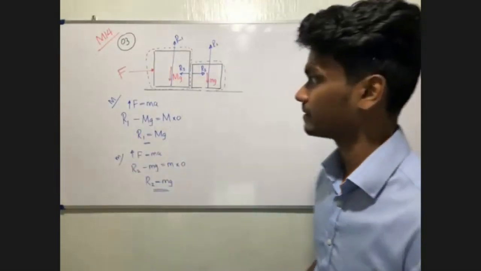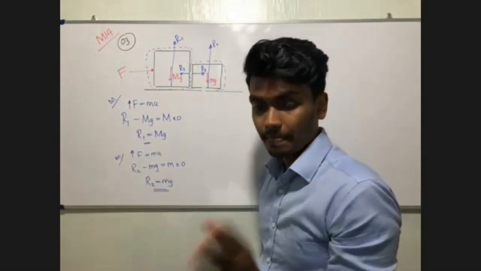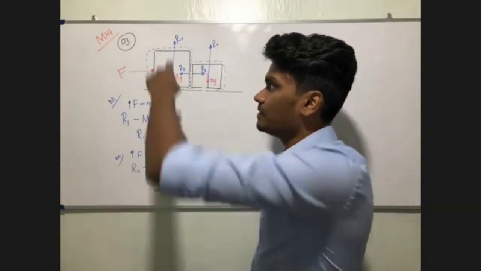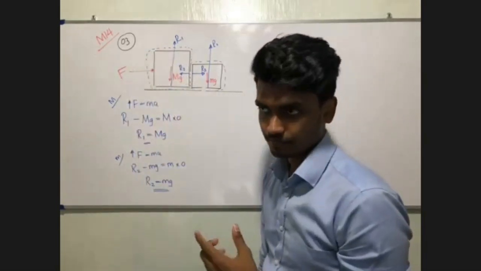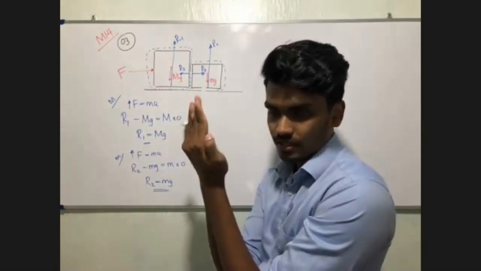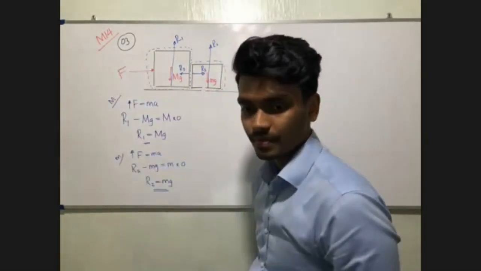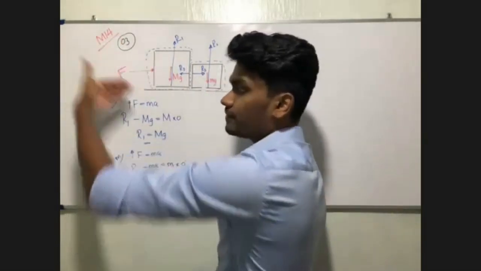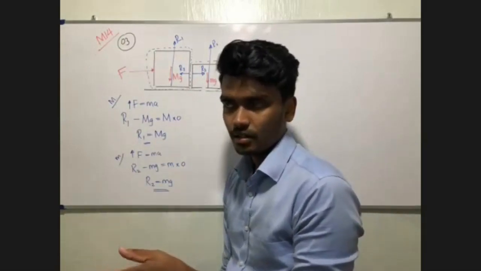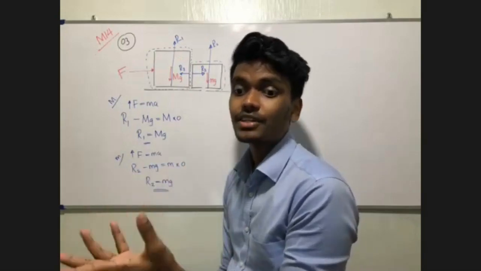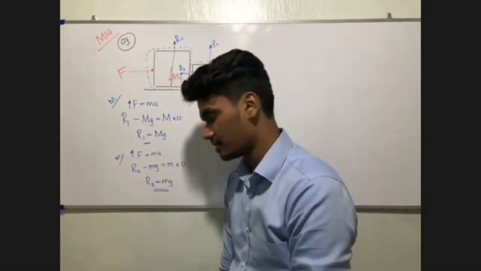Okay, I will explain from the beginning. They have given two figures, a mass capital M and another mass small m, both touching each other, and then you are applying force capital F. What they are asking is to find the magnitudes of all the possible reactions.